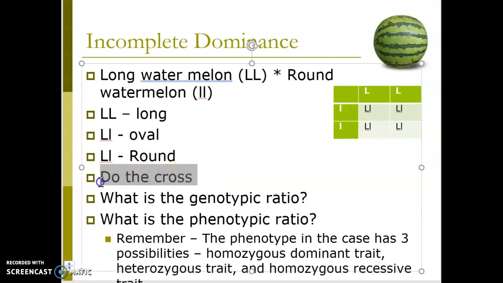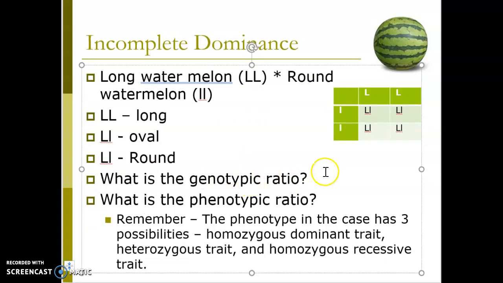So we did the cross, they are oval, and I'm asking what is the genotypic ratio? So that gets in the same order. How many homozygous dominant do I have? 0. How many heterozygous? Well, all 4, which means my homozygous recessive is also going to be 0.